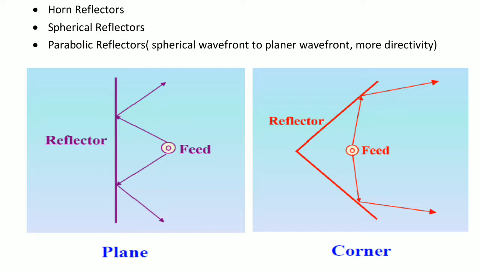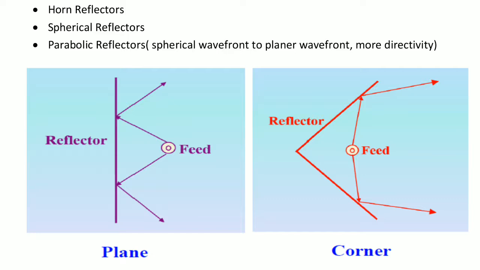So basically there are two forms of corner reflectors, that is the dihedral form and the trihedral form with mutually perpendicular surfaces, which are used in radars. A corner reflector is a reflecting object which consists of two or three mutually intersecting conducting flat surfaces.